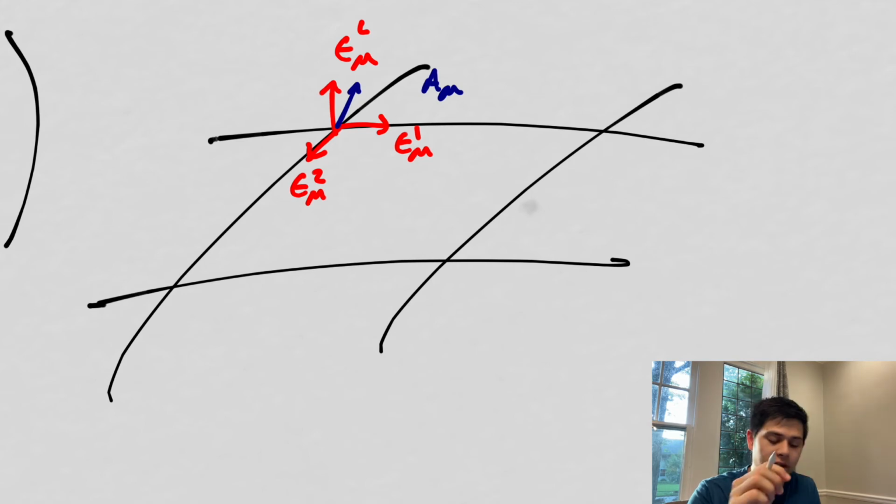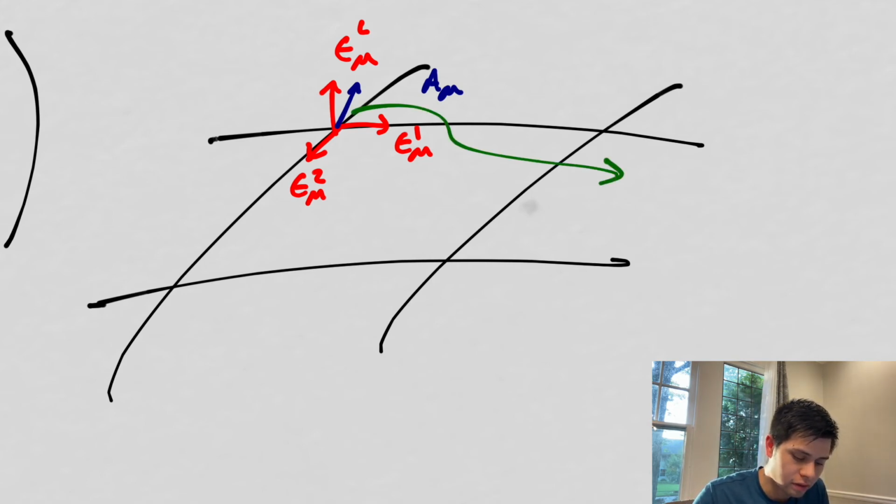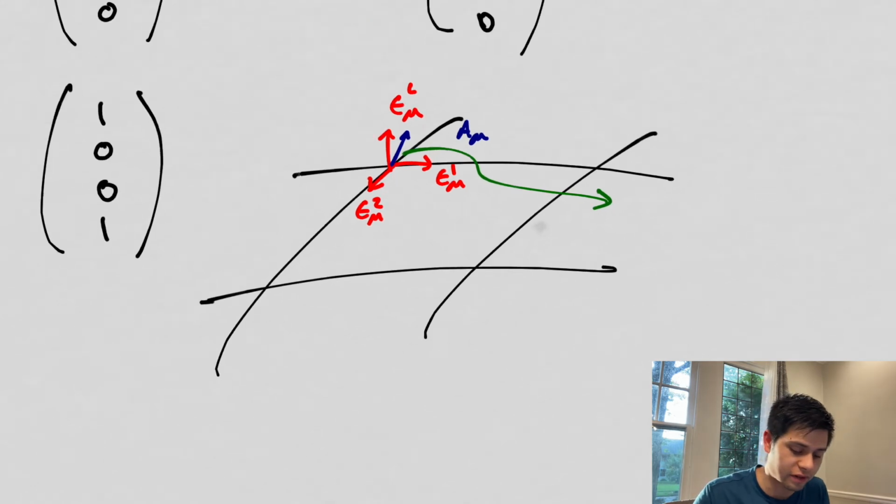And as it's traveling throughout space-time, the components of this object are moving in such a way that it can be described in terms of these polarization vectors.